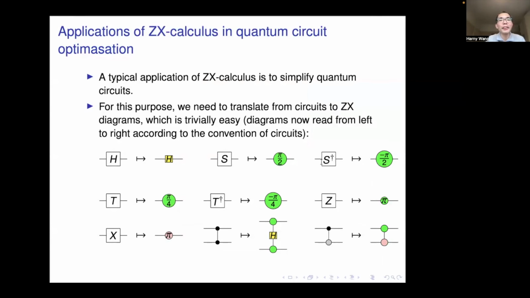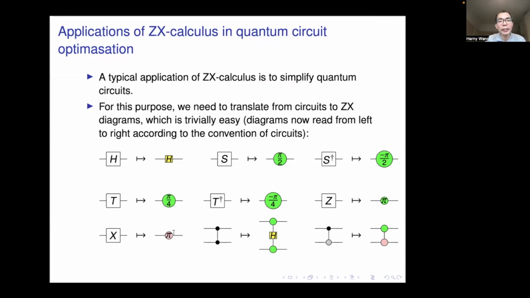To do this using ZX calculus, you first need to translate a quantum circuit into a ZX diagram. This is very easy because any quantum circuit is composed of quantum gates, so you just need to translate the quantum gates into ZX diagrams.